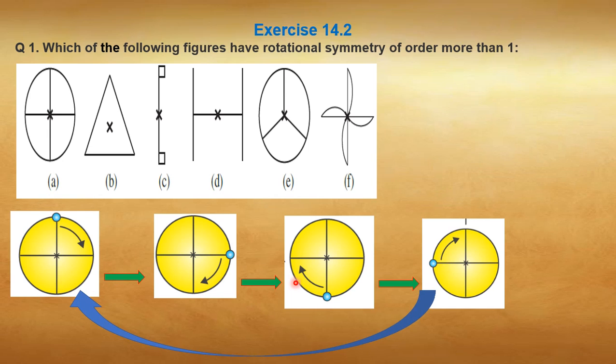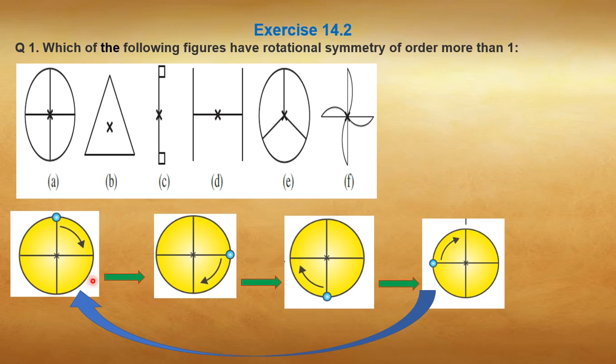Now in all these figures, is there any figure other than a circle? No. In all these turns of this figure, we are getting a circle. So it appears as it is after a number of turns.